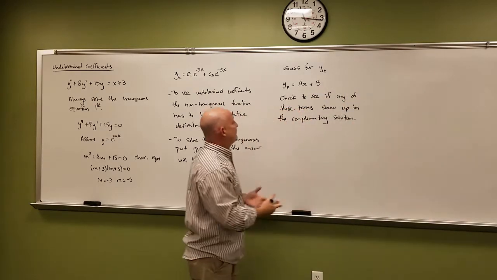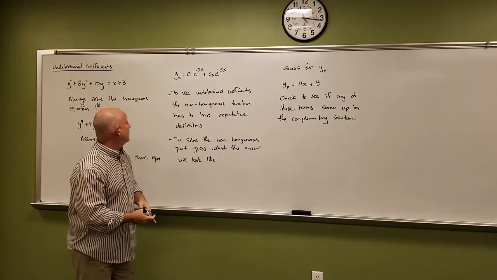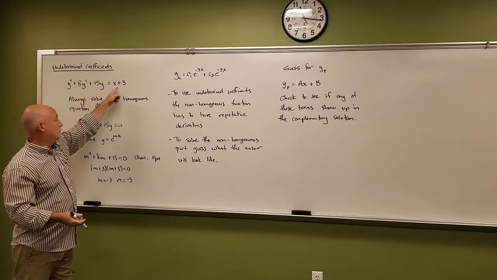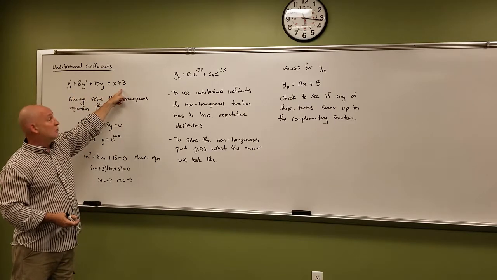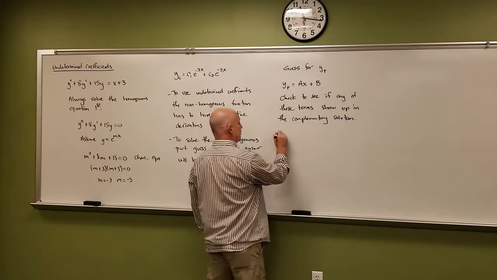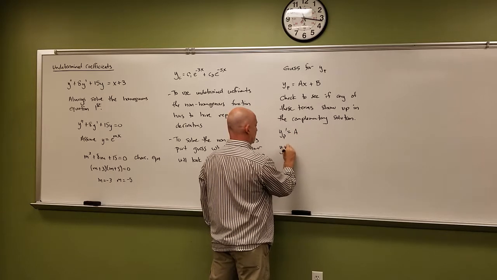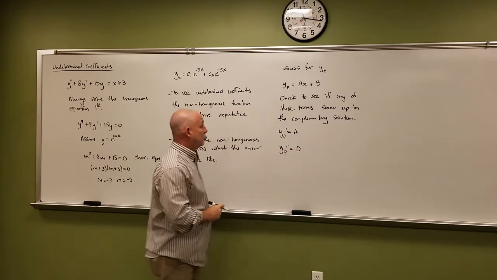All right, so if that's my guess, to find my answer, all I've got to do is take all the derivatives, plug them in here, and figure out what a and b have to be to equal x plus 3. All right, so let's give it a shot. Yp prime would just be a, yp double prime is 0.